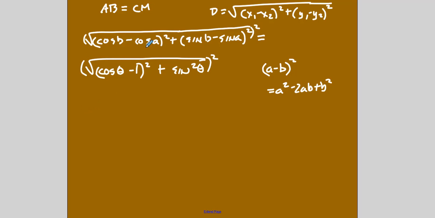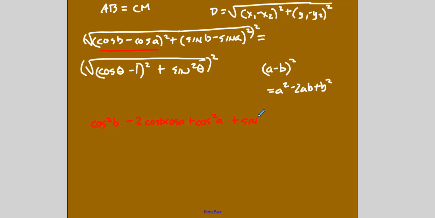So here we get cosine squared b, because cosine of b quantity squared is cosine squared b, minus 2 cosine B cosine A, as we double this product, plus cosine A quantity squared, which is cosine squared A, plus then we have this.